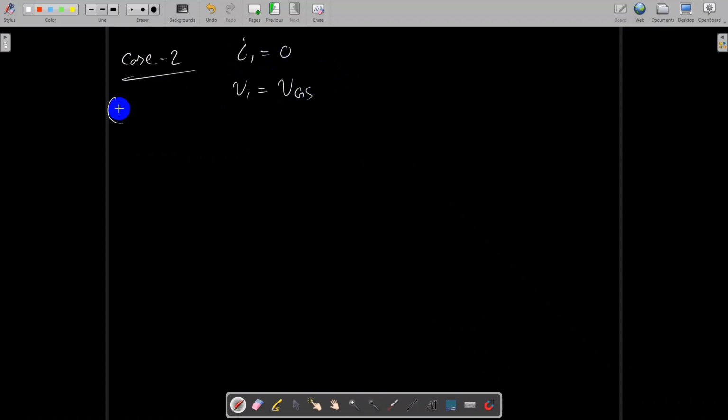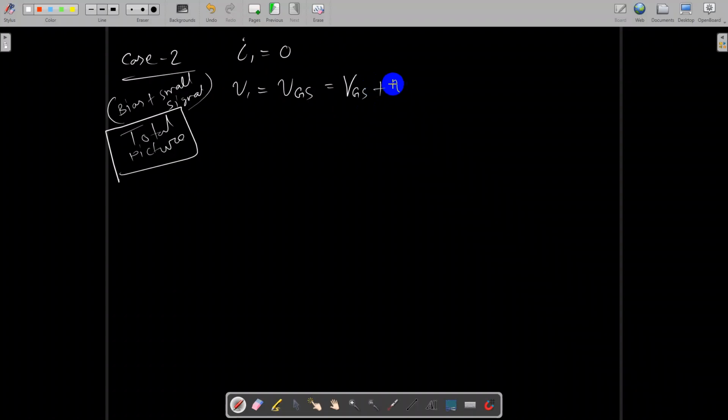So case 2 is bias plus small signal, which means the total picture. So this is the total picture of the MOSFET. The VGS is capital VGS plus small vgs.